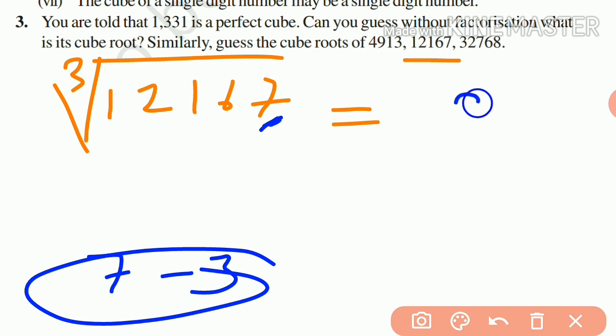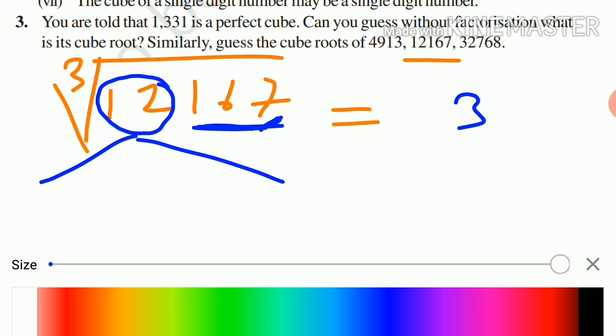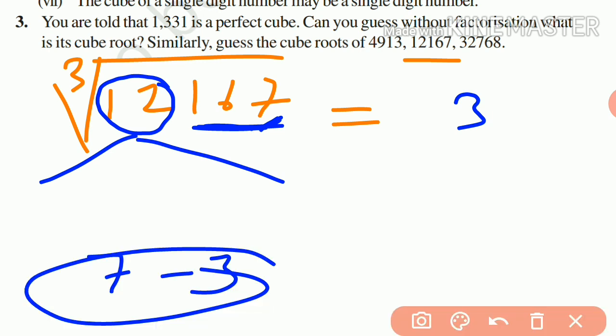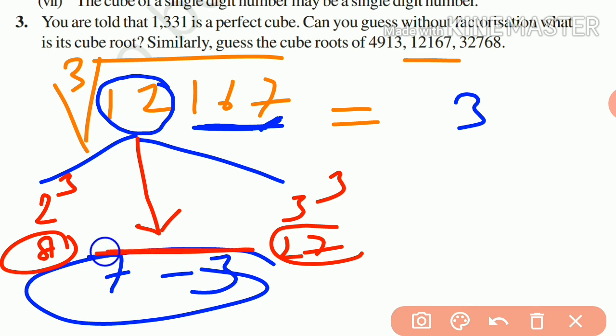So we will write 3 here and leave these 3 digits, and then here is 12, and 12 lies between the cubes of these two numbers. 2 cube is 8 and 3 cube is 27, and 12 lies between 8 and 27.